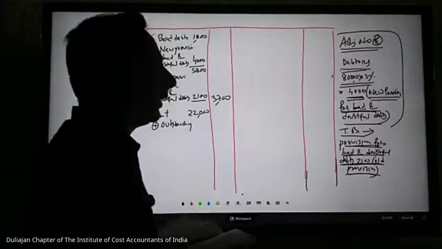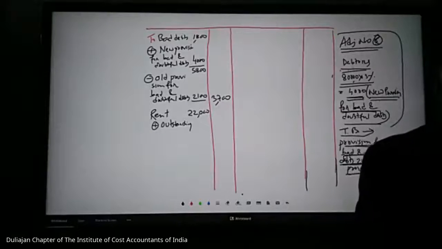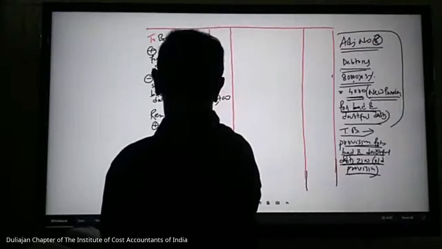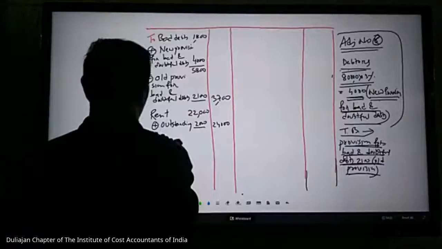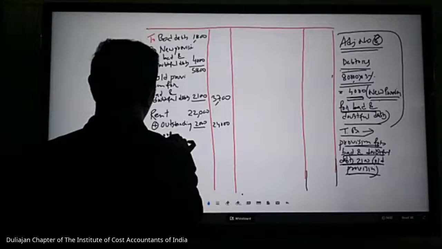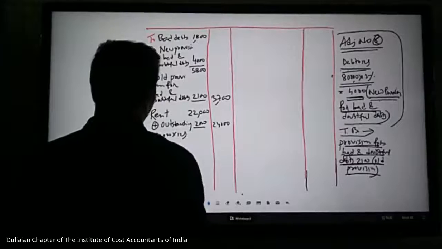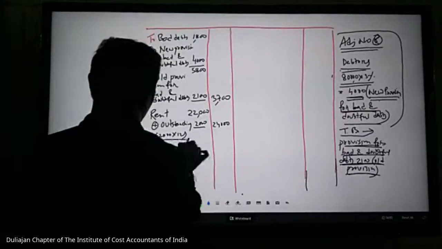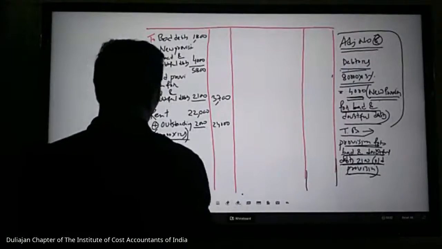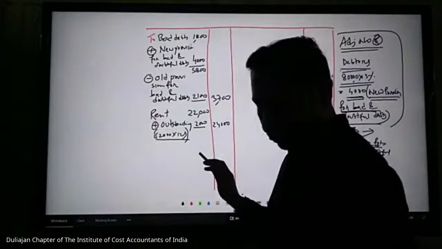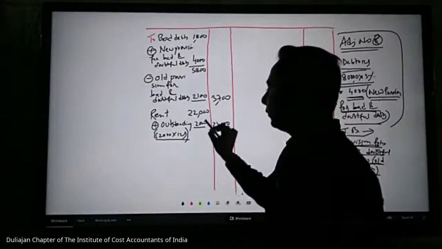Per month 2,000. 2,000 into 12, 24,000. 22,000 is already given in the trial balance, so 2,000 outstanding.